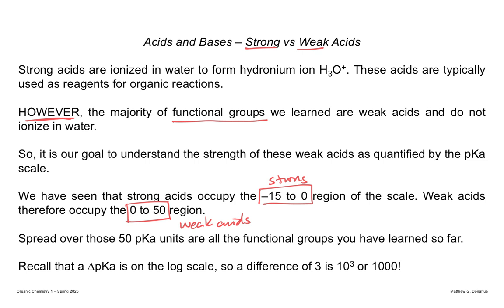The other thing to keep in mind, since we're on a log scale, when we talk about a pKa difference, if you have two functional groups with a pKa of 20 versus a pKa of 17, the difference is 3. But in reality, since it's a log scale, that's 10 to the 3, and it's a 1,000-fold difference in acidity. So remember, the pKa is just a compression that allows us to deal with smaller, more manageable numbers.